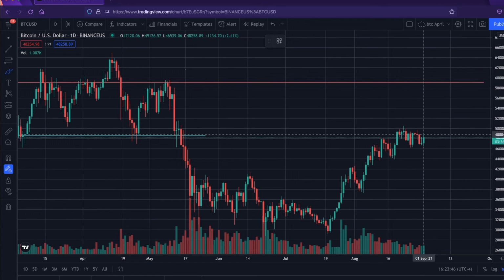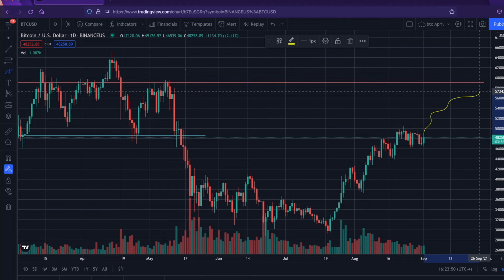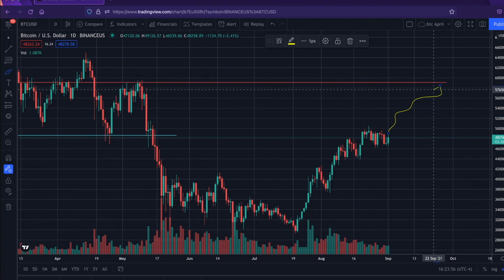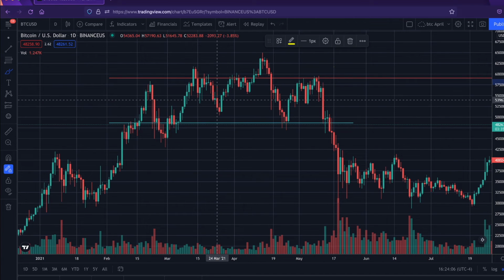As we move throughout this market, maybe we go up and up a little bit. It's going to be tough for us to get back around or above this 59,000 level because it was tough for us to do this in the past. So what we look at when we look at markets is past history.